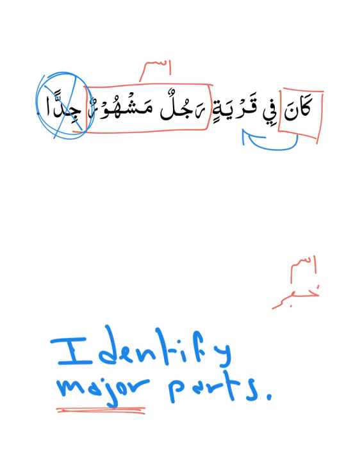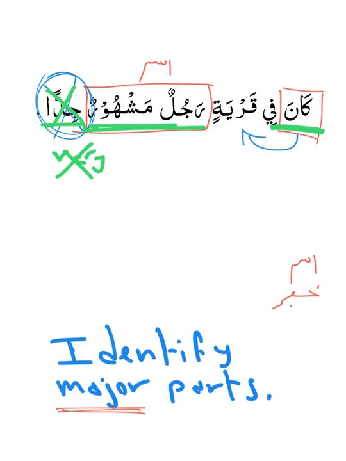So how will we translate? كَانَ فِي قَرْيَةٍ رَجُلٌ مَشْهُورٌ. Obviously this is the ism, so we're going to translate this first, inshallah. There was, because kana is past tense, there was a famous man. And jiddan means very. There was a very famous man, and let's just forget jiddan like I said, so let's remove it.